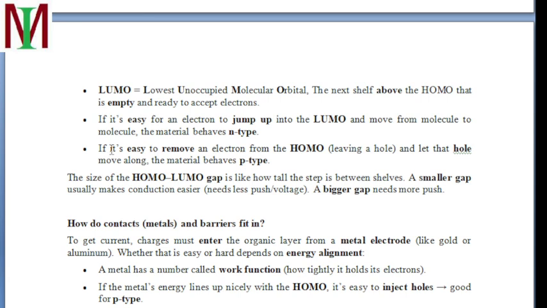If it is easy for an electron to jump up into the LUMO, it can move from molecule to molecule. The electrons are jumping from the highest occupied molecular orbital to the lowest unoccupied molecular orbital, which is capable of taking the electron, in the same state as the HOMO.